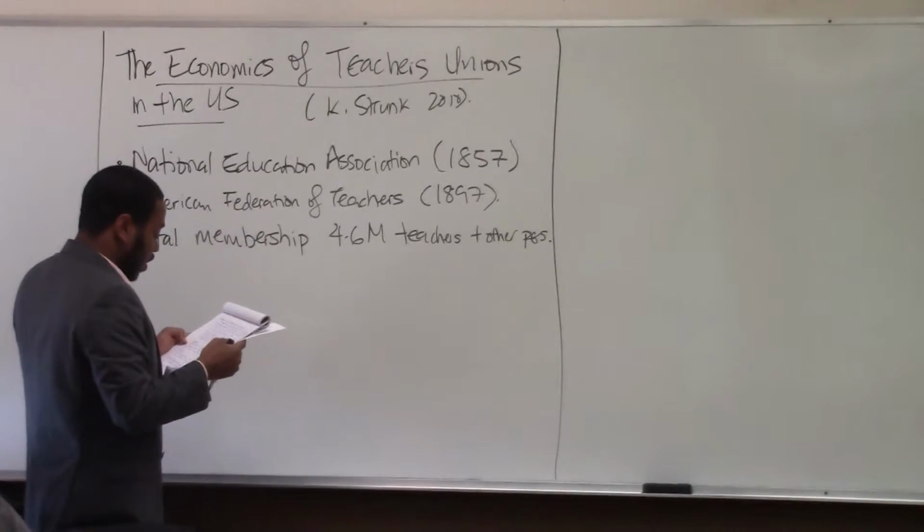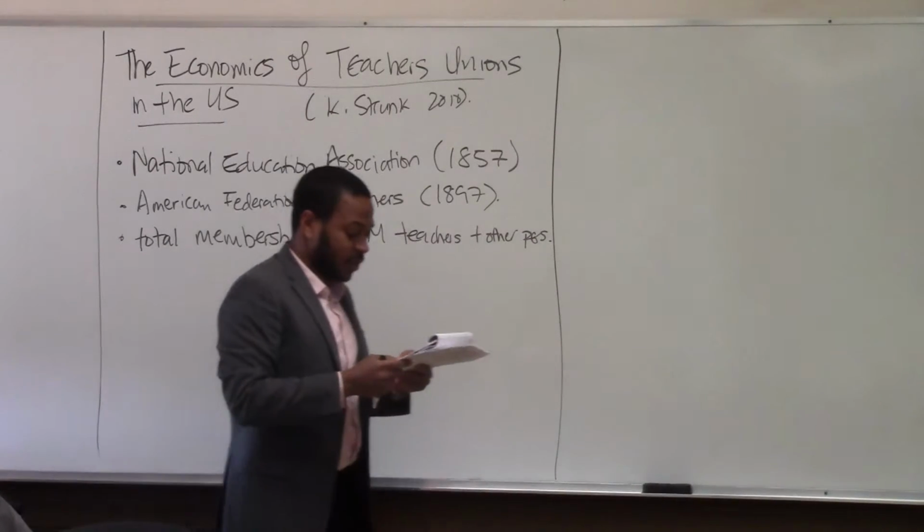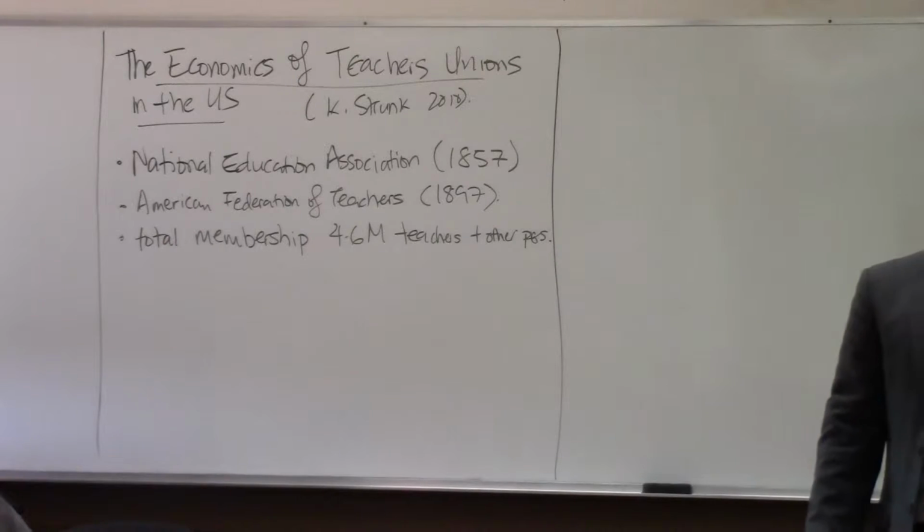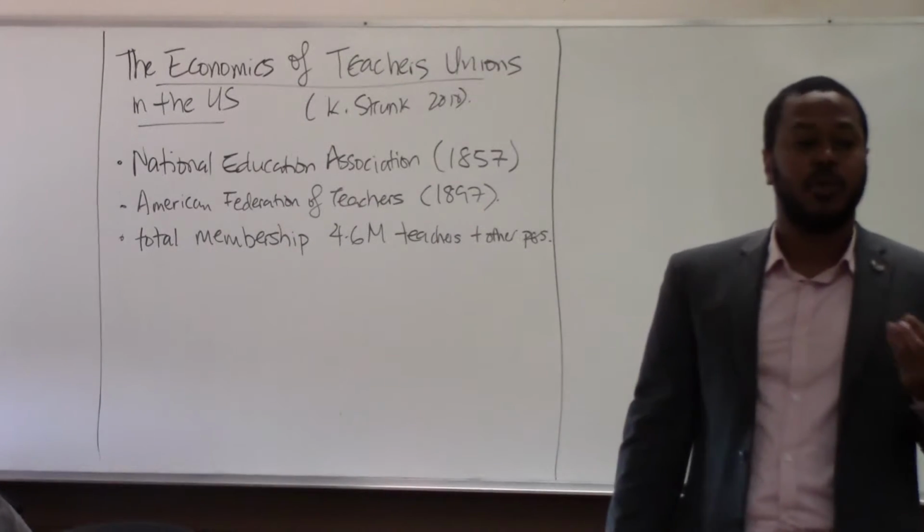Now, there are a couple of things that I want to emphasize about the unions. There are three major features of the unions that make them really powerful. Who can tell me what those three features are?